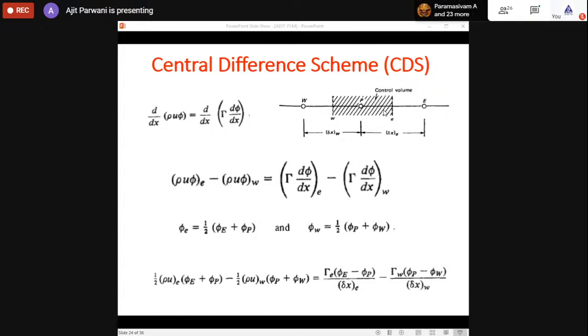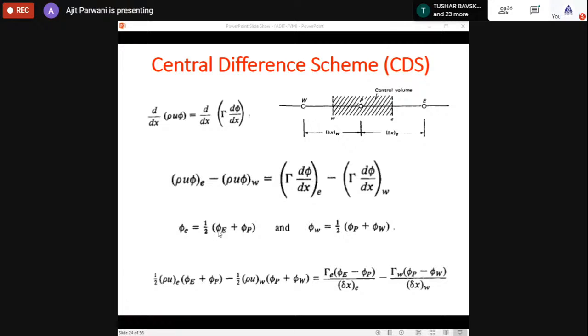Remember, the value of temperature is not known at the control surface. Therefore, we have to convert this temperature value at this surface into the node points. So we have converted this phi e into phi E plus phi P by assuming a linear profile for the temperature.